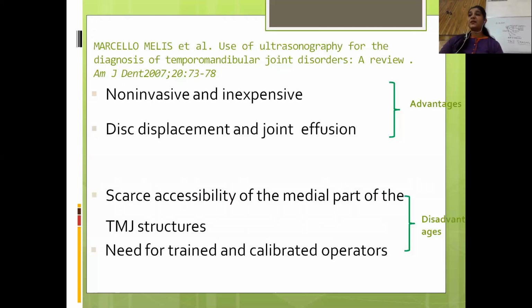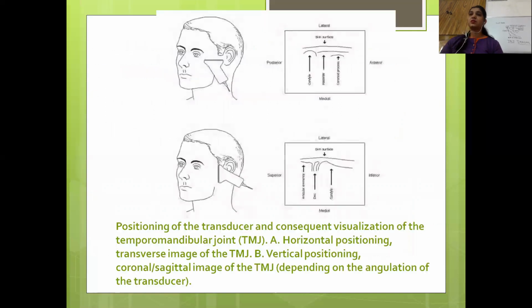Trained and calibrated operators are also needed, because it is a very tedious thing to look where the patient is complaining of a problem and to work the transducer accordingly. And then if the images are captured, a trained operator is required to capture such images and keep a record.